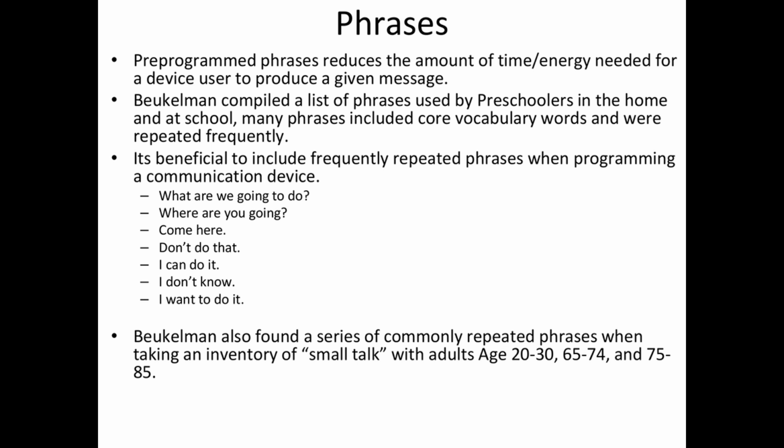Below is a list of some common phrases that are used in a communication device. Again, you do not by any means have to go with this list. It's just the idea that research shows that core vocabulary is good, that some fringe vocabulary is good, but also that using phrases can be very beneficial too.